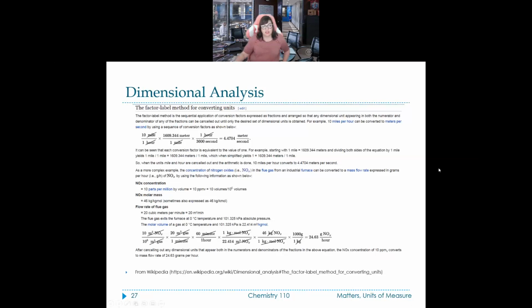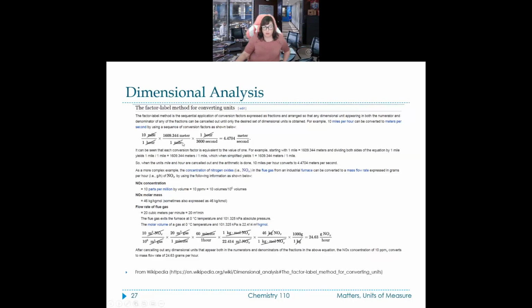We also call this the factor label method for converting units. You'll see there are a couple of examples here and a whole bunch of text. Don't worry about the text. We're going from miles per hour to meters per second. I have 10 miles per hour. I want to convert that to meters per second. I need to know how many meters and how many seconds.